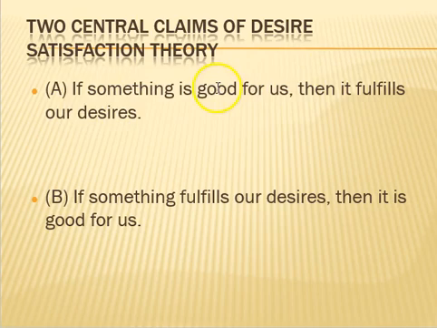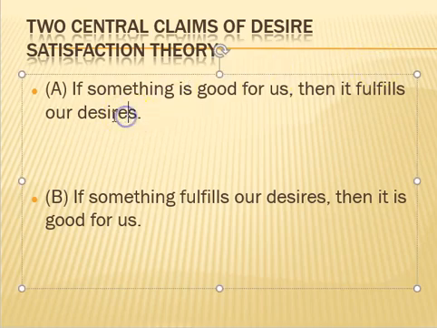This part right here, the good for us part, is what we call in logic a sufficient condition. What this means is that if something's good for you, that's good enough to give you whatever comes after the then. So if something's good for you, this is sufficient to give you a fulfilling of your desire.